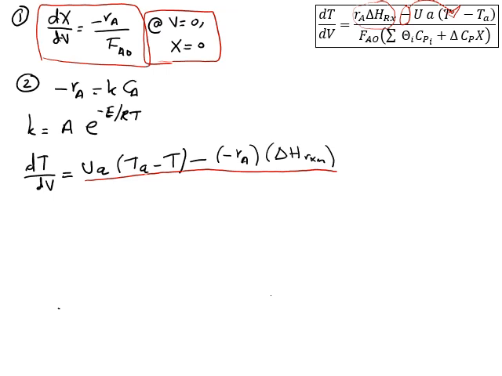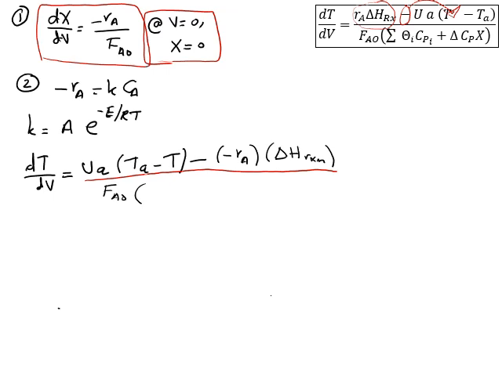we have here FA0 times the summation of theta i Cpi. Well, the only species we have in the feed is actually the acetone A, right?